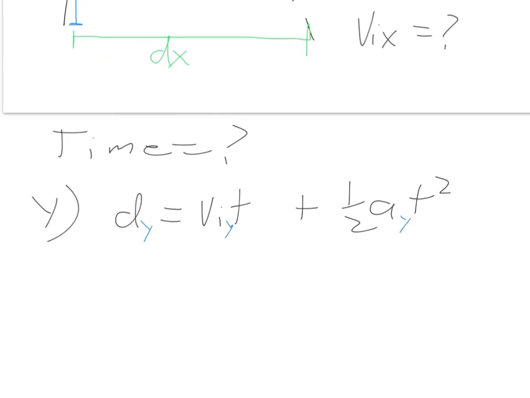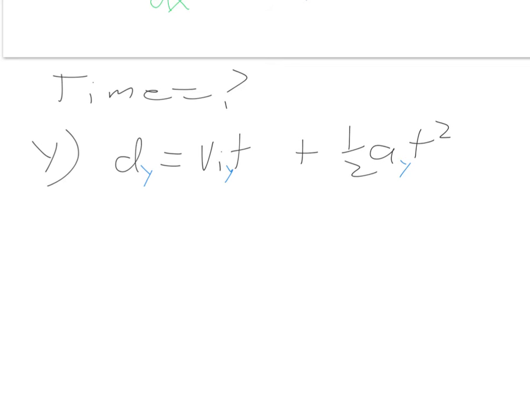And so if my initial velocity is 0, this entire term just goes away, and I'm left with a simplified version of the displacement equation, d equals 1/2 at squared, where my job is now to solve for the time.